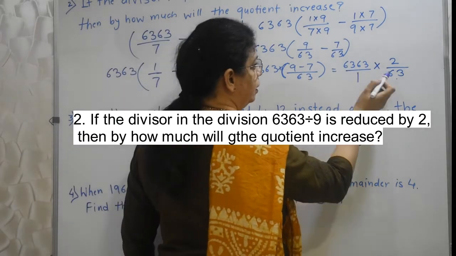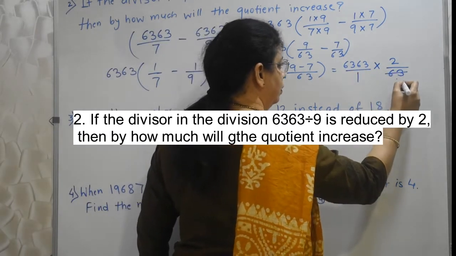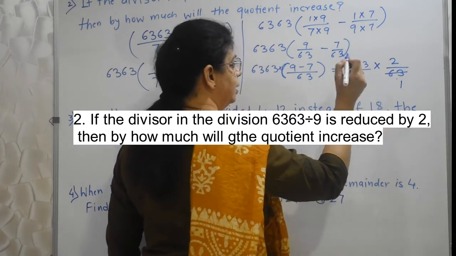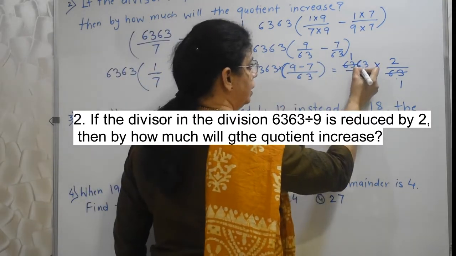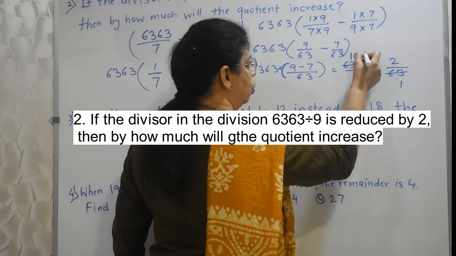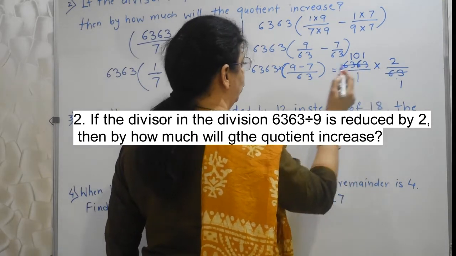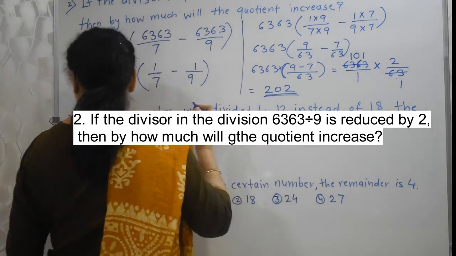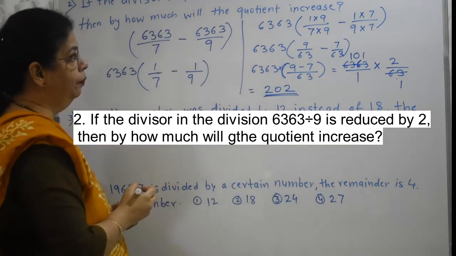Since the numbers are the same, we will do this. 63 ones are 63, 63 ones are 63, then only 6 is left, so I have to write 0, then again 63 ones are 63. So now I have 101 into 2, that is 202, is the answer.